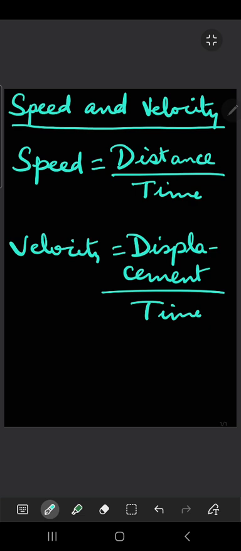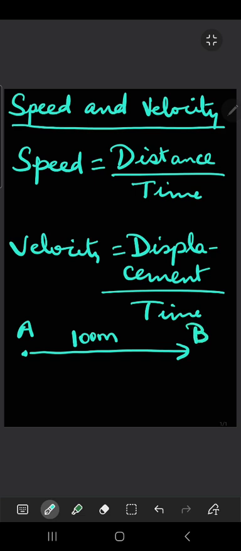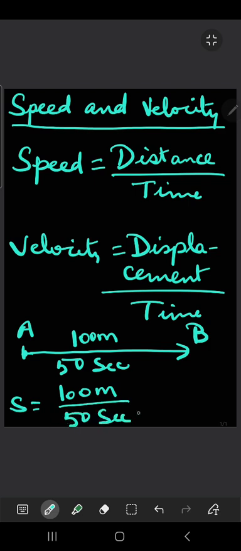So what is distance and displacement first? If someone is starting from a point A and moving a distance of 100 meter and reaches this point B. So if we say that the person had moved a distance of 100 meter starting from A to B, this is our distance, which is 100 meter, and if it covers this distance in 50 seconds, then our speed would be 100 meter over 50 seconds.